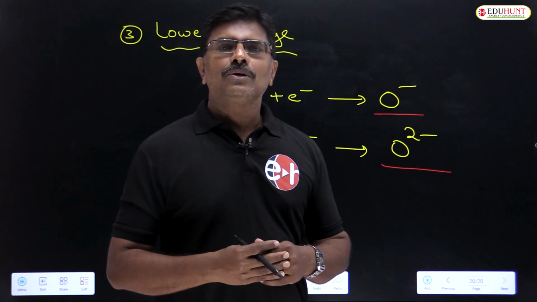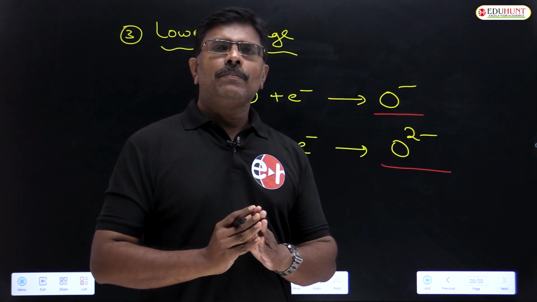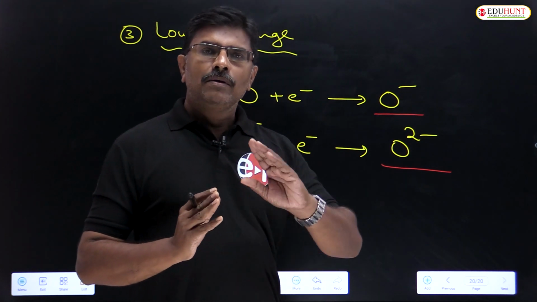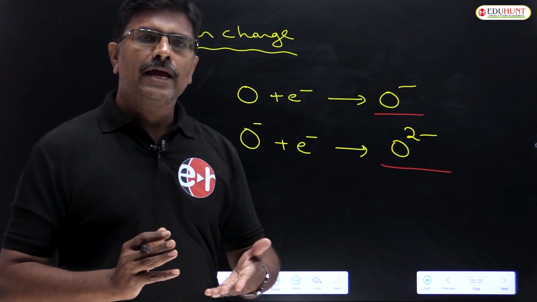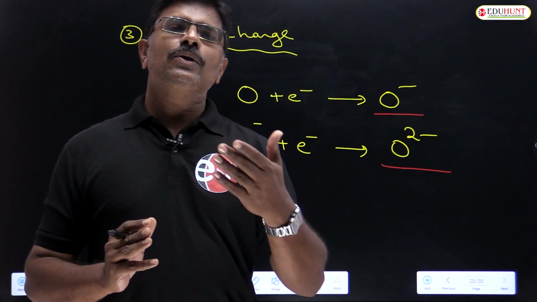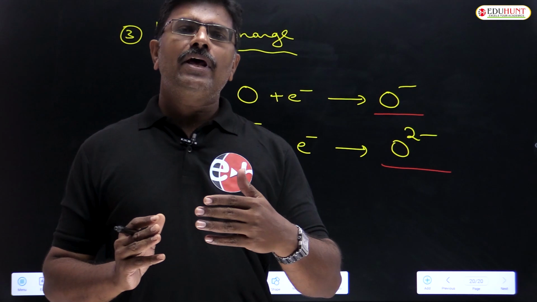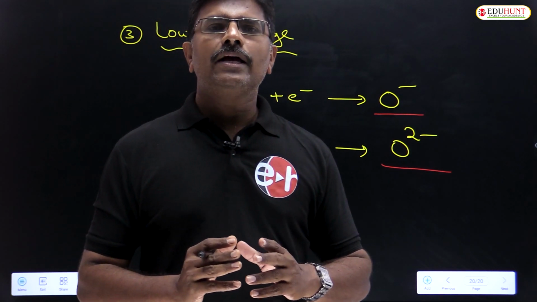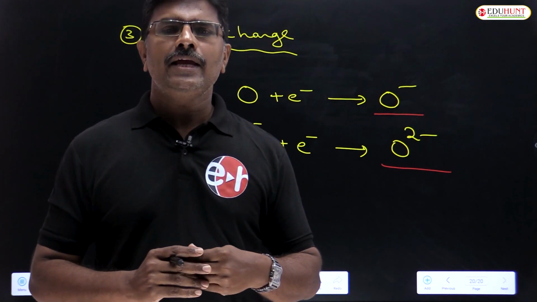Got my point? So remember this very simply. Higher the charge on the anion, that anion is going to be formed with difficulty, whereas the lower charged anion is going to be formed very easily.